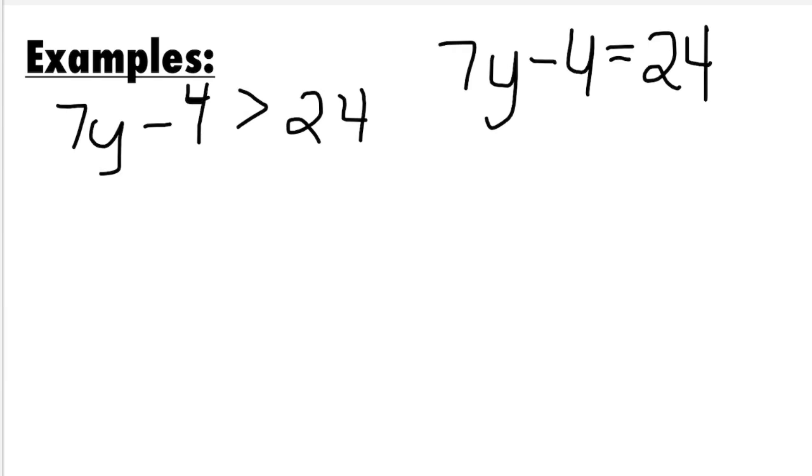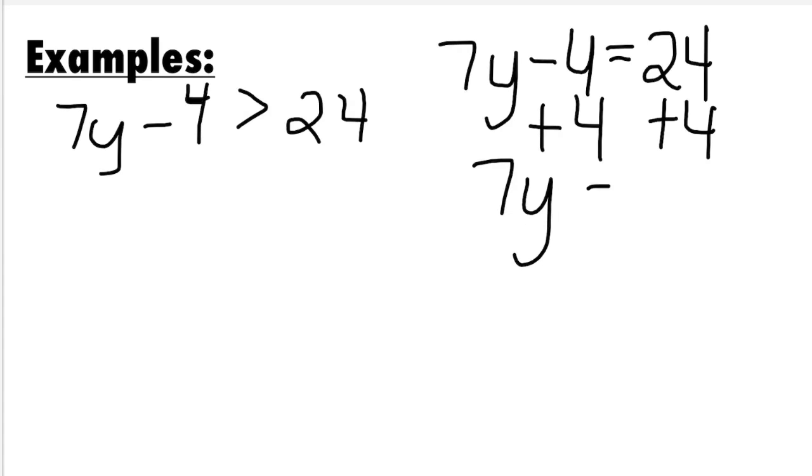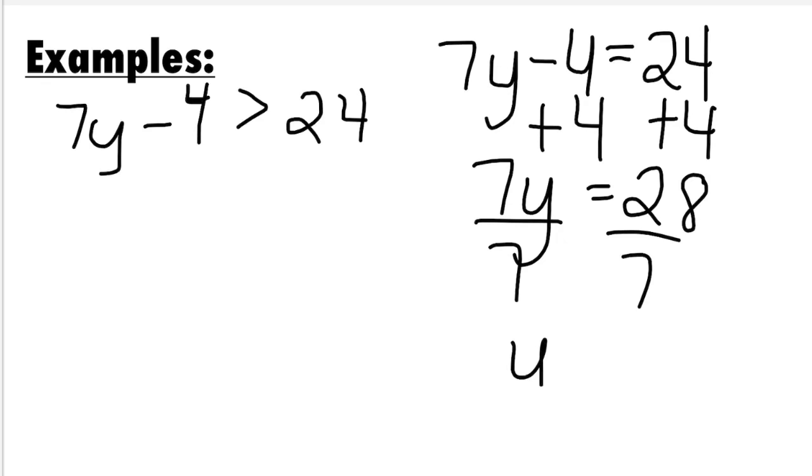So we're going to start by making zero pairs. So we're going to add 4 to both sides. So we have 7y equals 28. And then we're going to divide by 7 to get y by itself. So we have y equals 28 divided by 7 is 4.